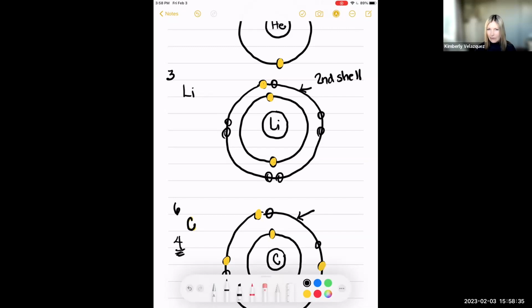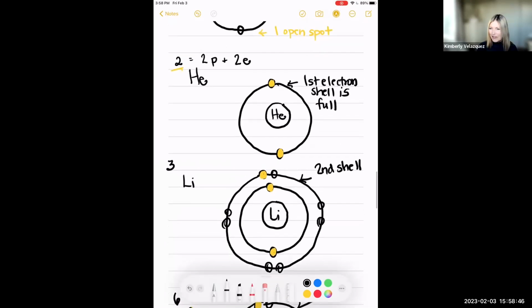Second shell is the outer shell for lithium, and it only has 1 electron in the outer shell. That means 7 spots are available. Okay, one more. Helium. Helium has 2 electrons in the outer shell, meaning that outer shell is full. That's all it can hold. So helium has a full outer electron shell.